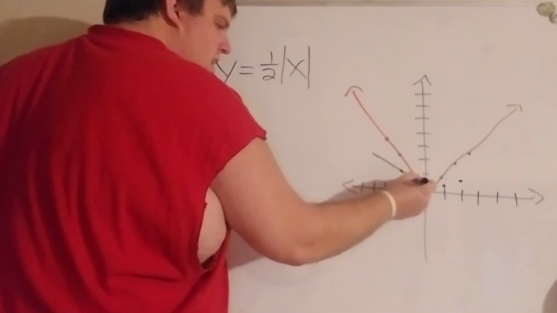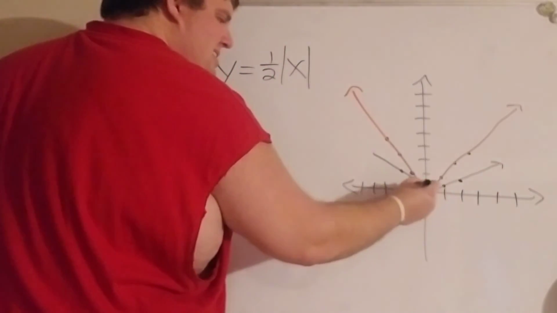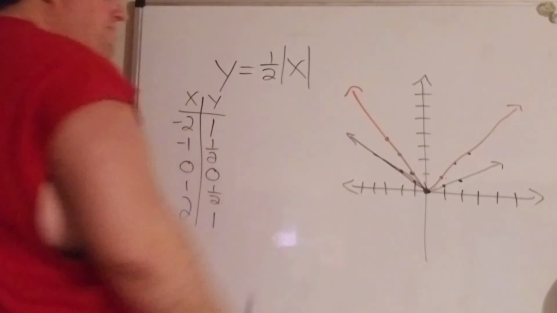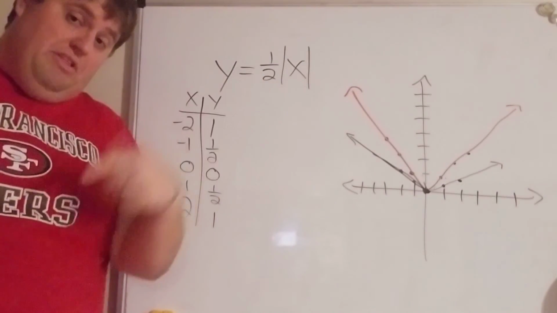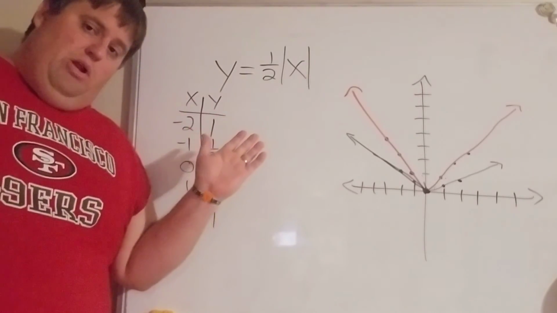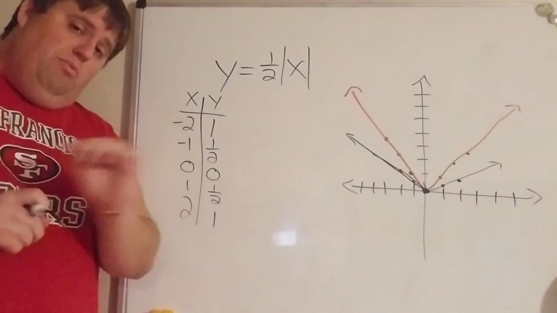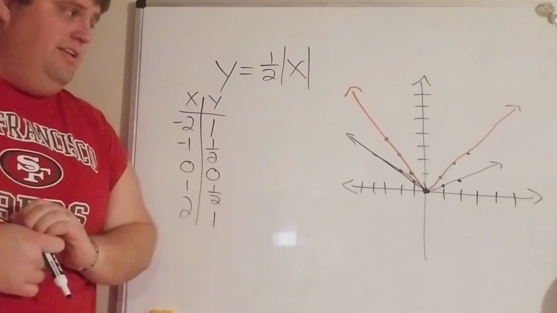Now my V opens wider than the red one, right? So if this number is less than 1 in front here, but greater than 0, it's going to make this wider how it opens. And notice that it still wouldn't affect the domain, and it wouldn't affect the range, right?